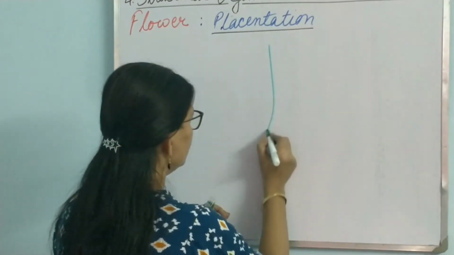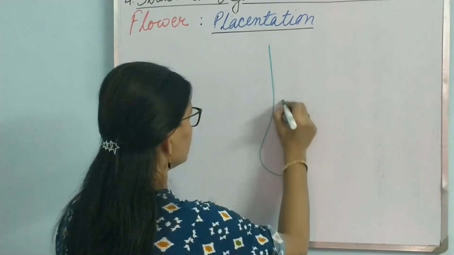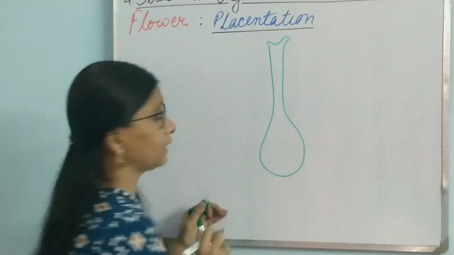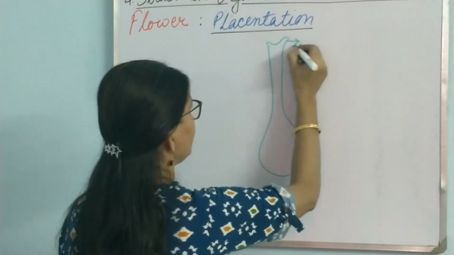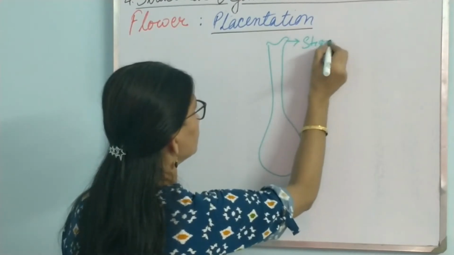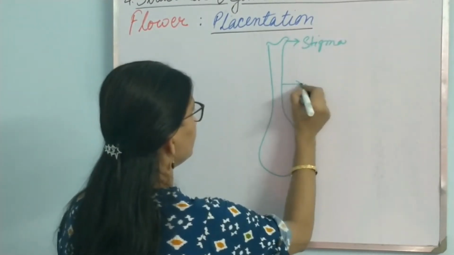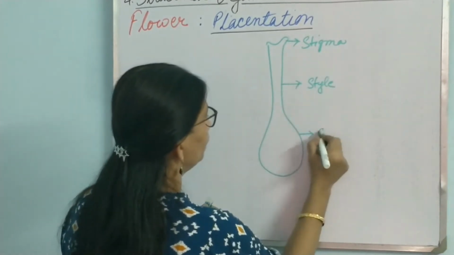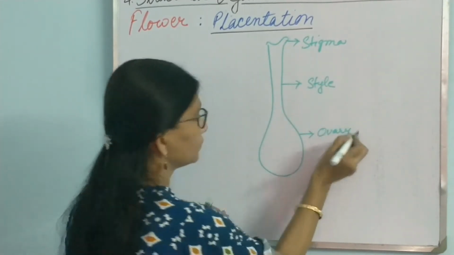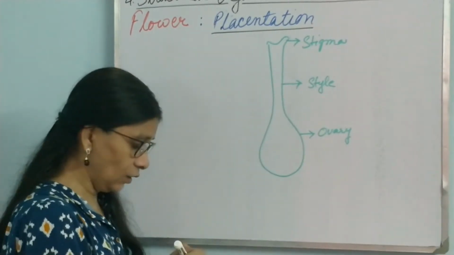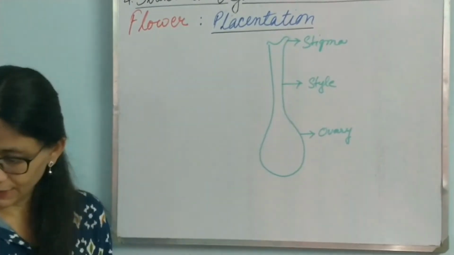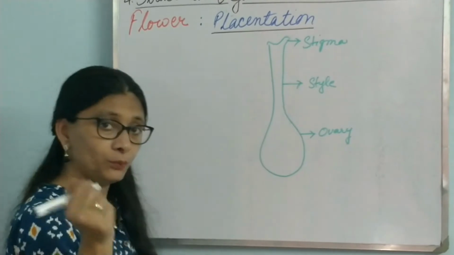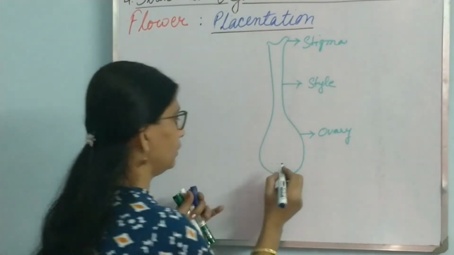Suppose this is a carpel. Here we have the stigma. This is the style. And this part is the ovary. Isn't it? Now, inside the ovary, there is a structure which bears the ovule.